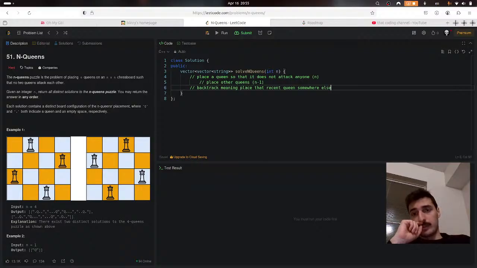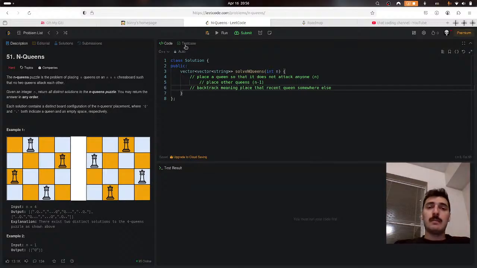This is a very interesting problem to solve. The chessboard can be represented as a vector of strings. The string size will be n, really, and we'll have n strings.